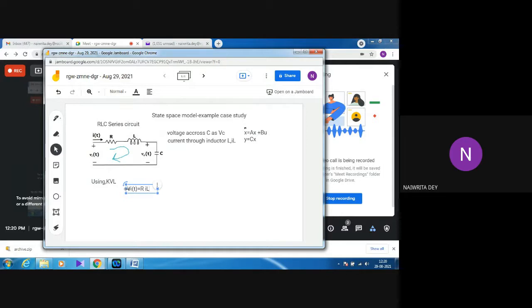Because IT equals IL, I am writing the total equation in terms of the two state variables I have considered.